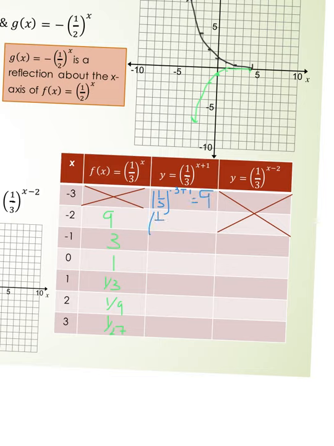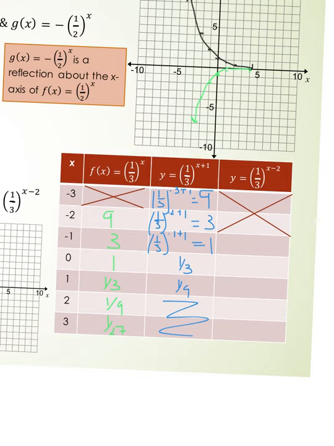We'll have 1 over 3 to the -2 plus 1, which is 1/3 to the -1, which is just 3. For -1, we'll have 1/3 to the -1 plus 1, which is just going to give us to the 0 power, which is 1. And notice we're going to fill it in as follows. And then I'm not even going to worry about these bottom ones.